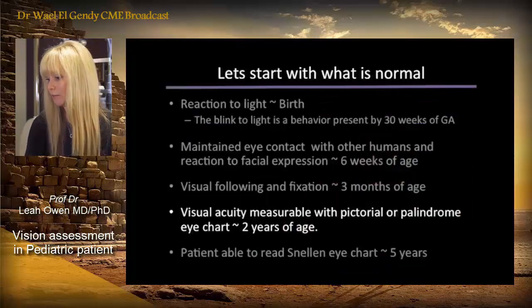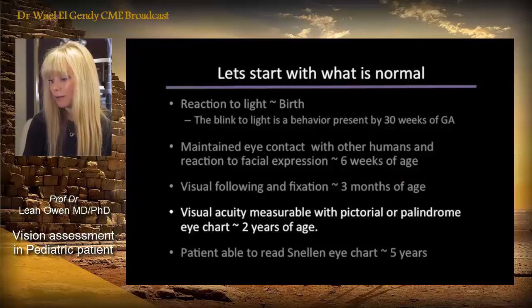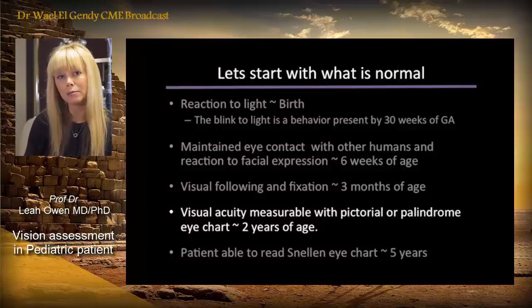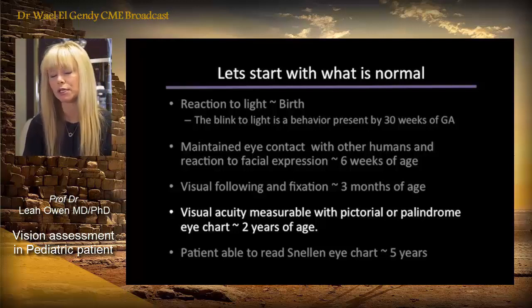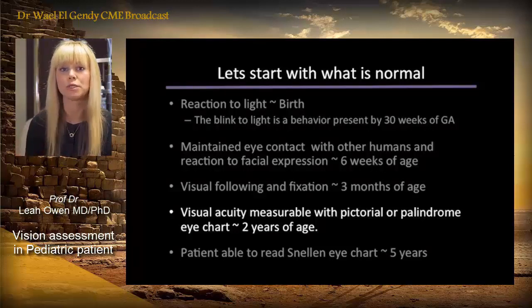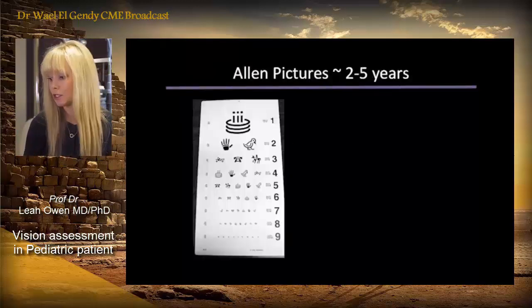All right, so we're moving on to children who are around age 2 to 4 or 5 years old, who are now becoming more verbal. They don't have a good command potentially of letters and numbers, so we can't just ask them to read the Snellen eye chart, but we can ask them to read certain eye charts.